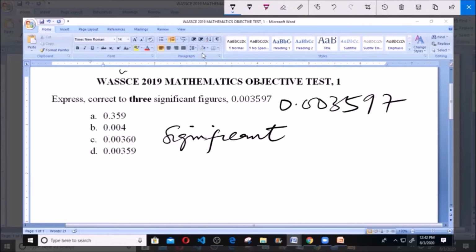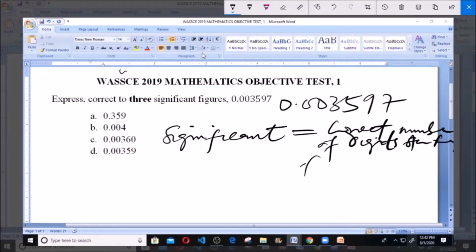Now, significant figure simply refers to the correct number of digits starting from the first non-zero digit.